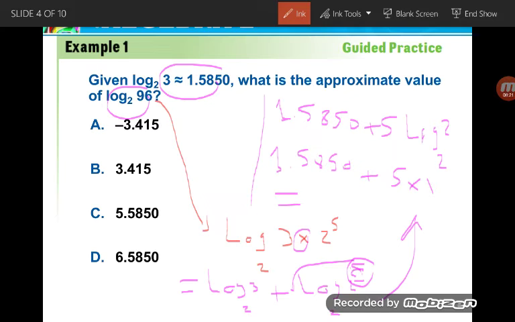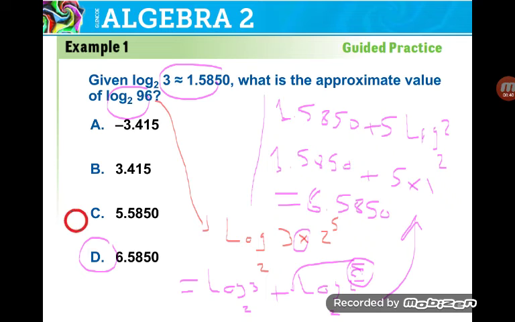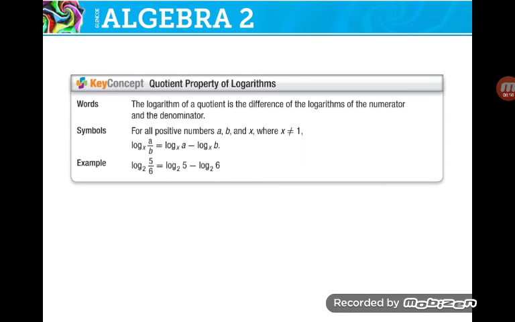The result will be 6.5850. So the answer is probably D. Okay, let's check. So the right answer is D. Okay, let's see the next example. In this case, you have to learn how to change or convert the division in logarithm to subtraction, like this.